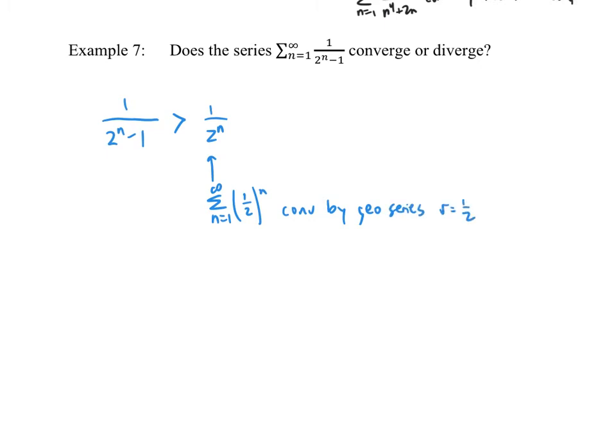And so the question is, if this is convergent, does it make this convergent? Well, the answer is not necessarily, because look, it's less than. So if it's less than and it converges, the one that's larger than it could either converge or diverge. It is not a guarantee either way. So the direct comparison test is not very helpful here. That is not something that we're going to have to rely on.